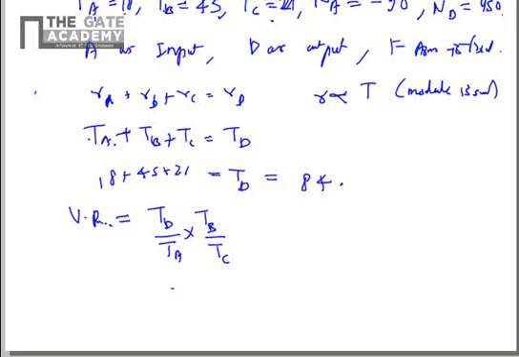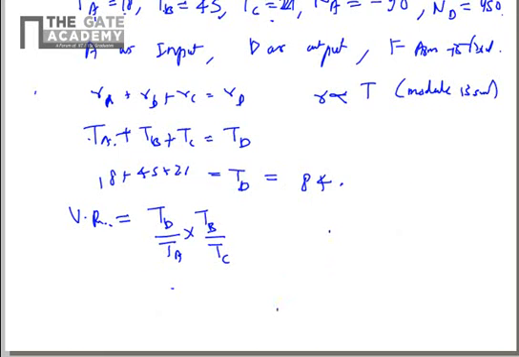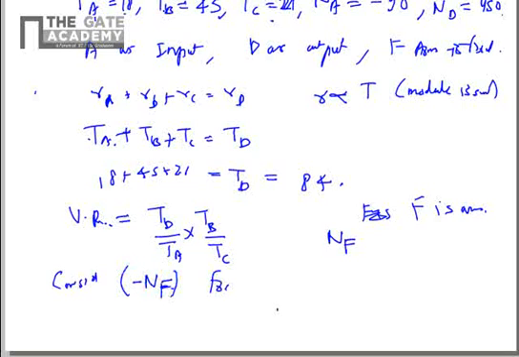So if the leg is fixed, let's say the arm F is having some rotational velocity NF. So we have to consider minus NF frame of reference. We will rotate everything by minus NF.